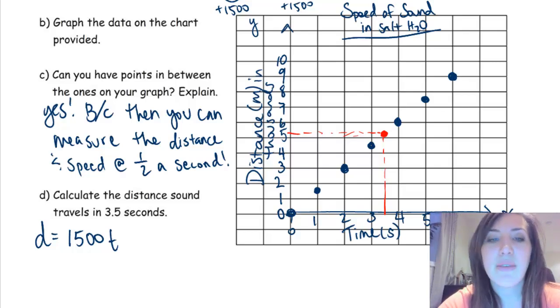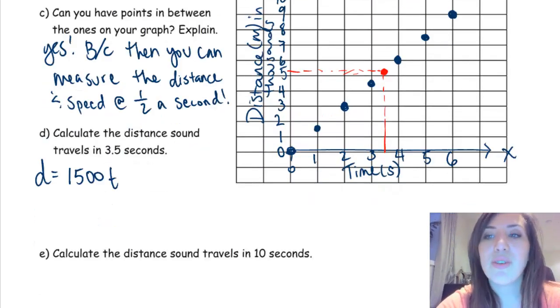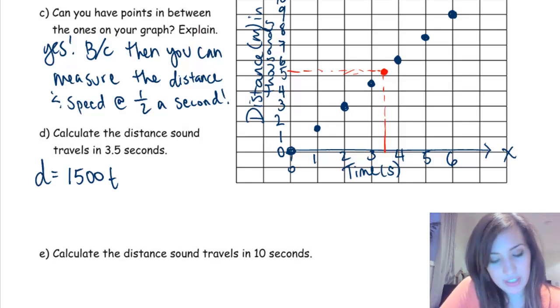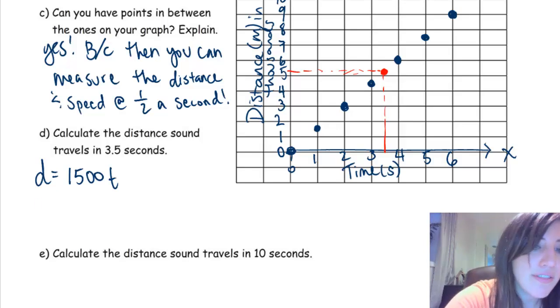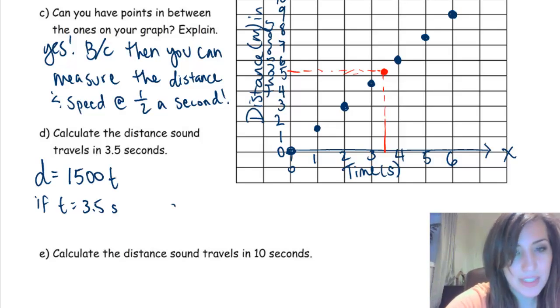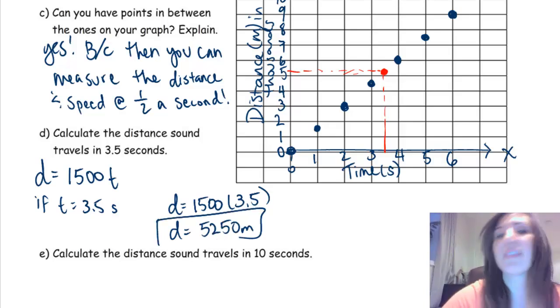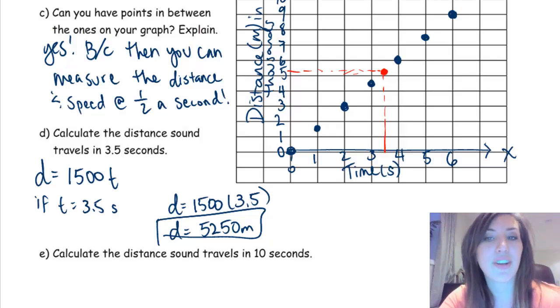But we could calculate it more precisely using the formula we were given. So we know that d equals 1500 t. If t equals 3.5 seconds, then we can plug it in. D equals 1500 times 3.5. If we add that into our calculator, you get 5,250 meters.